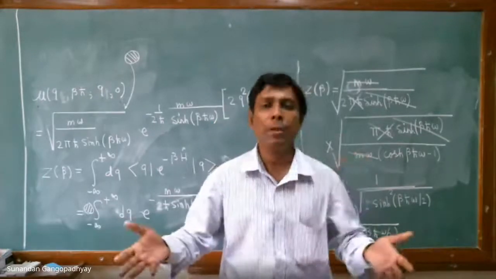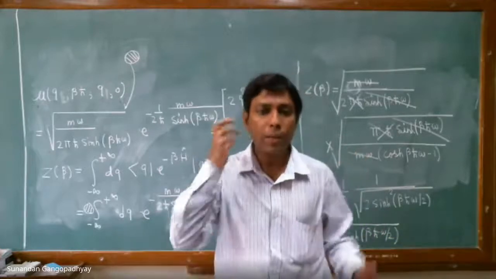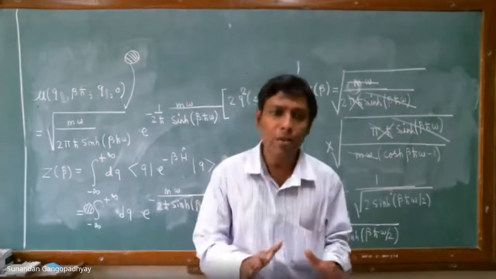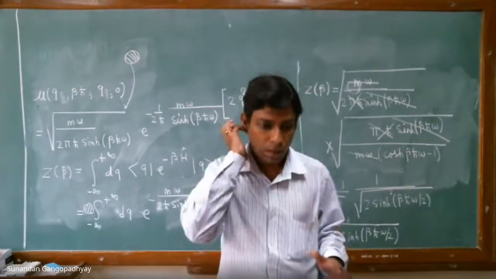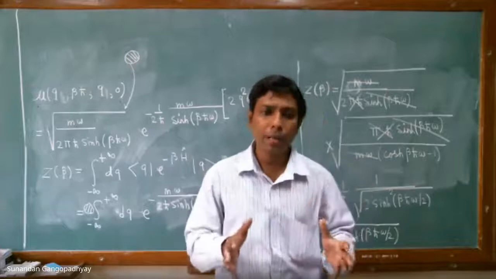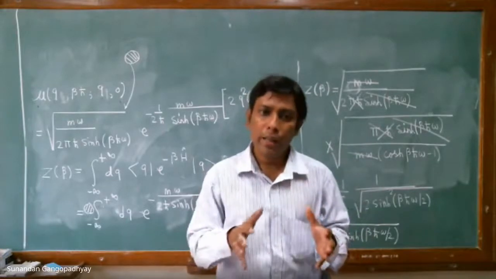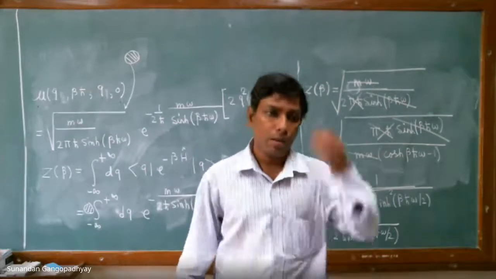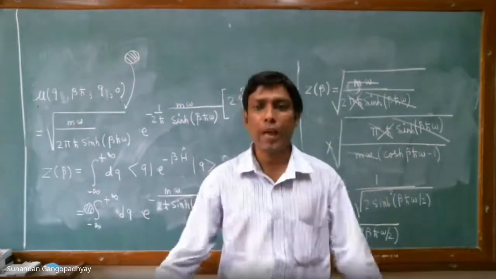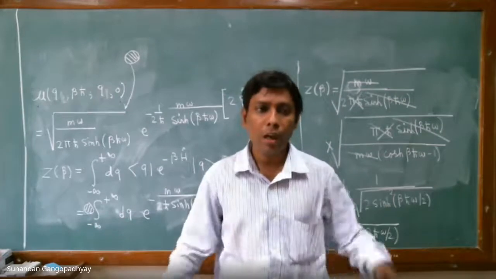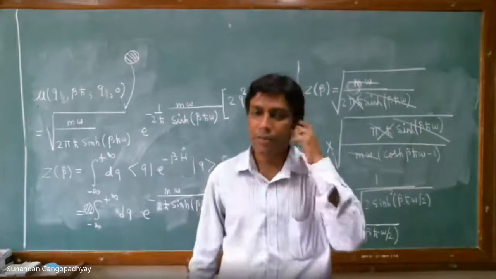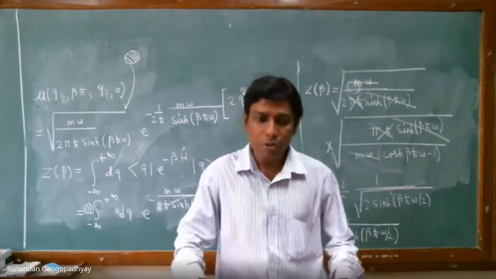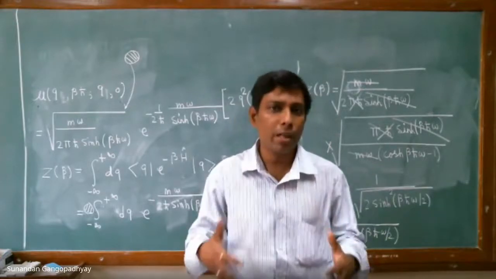For example, Maxwell-Boltzmann statistics is completely classical statistics, not quantum statistics. But it is a microscopic picture, definitely. The particles are distinguishable and obey the classical rules. Since they are distinguishable, there is no Heisenberg uncertainty principle. You can follow their trajectories, which are well defined in Maxwell-Boltzmann statistics. So it is not true that whenever you have a microscopic picture, it must be quantum.